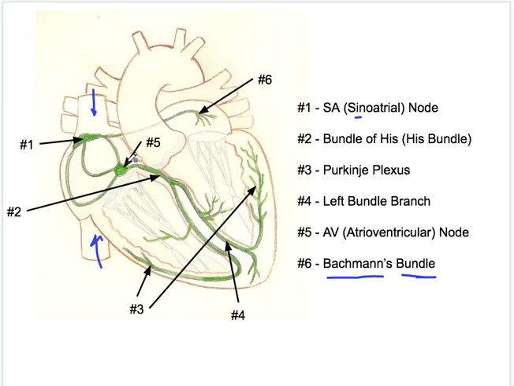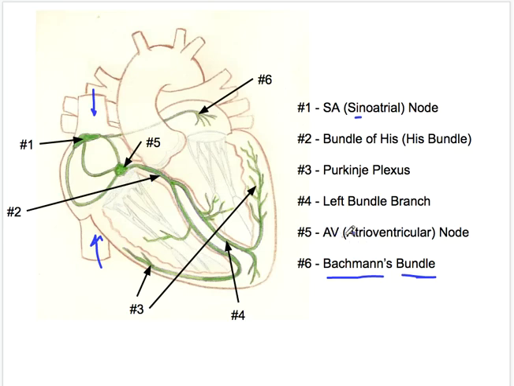All right, so that electrical message then makes it down to this little bundle of specialized fibers, and it's very small. I think I read it's somewhere around 3.5 millimeters by 1 millimeter. So it is a very tiny little bundle of specialized muscle that is called the AV node, or the atrioventricular node.